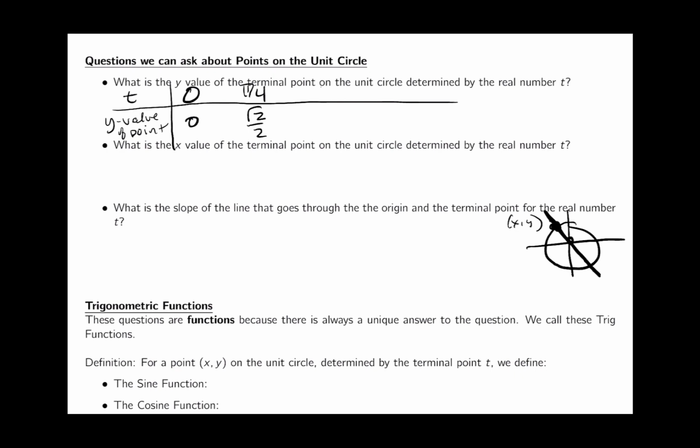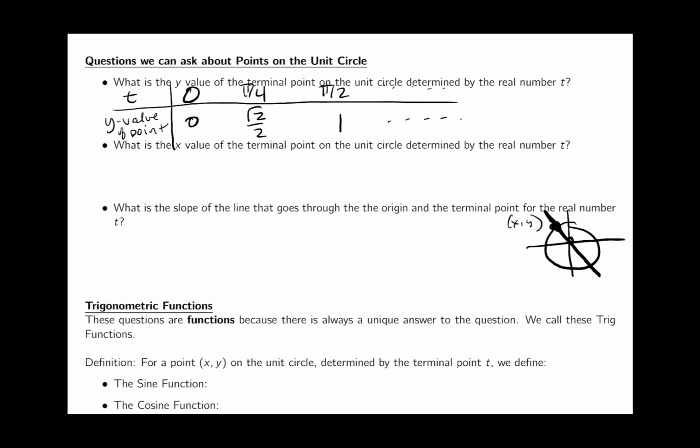Or for pi over 2, I know I go through the point 0, 1, so the y value is 1. I can keep doing this for all sorts of values of t and get a y value out. And in fact, every single time I get exactly one y value out, there's always one answer to this.